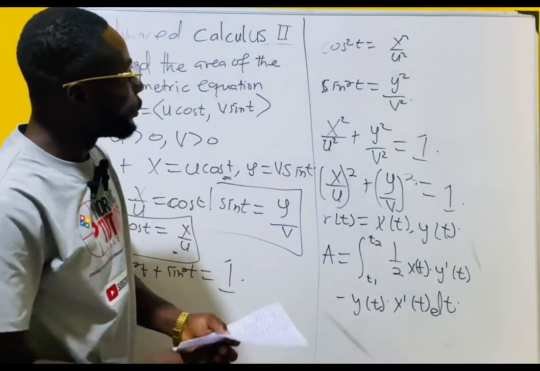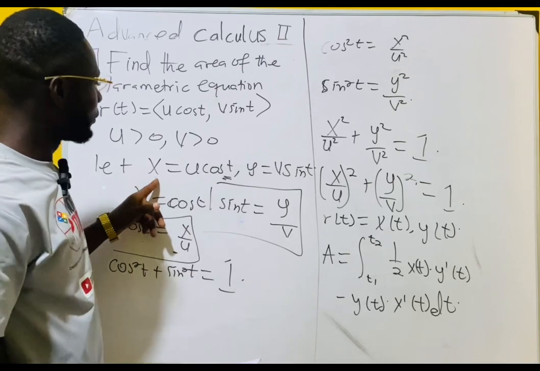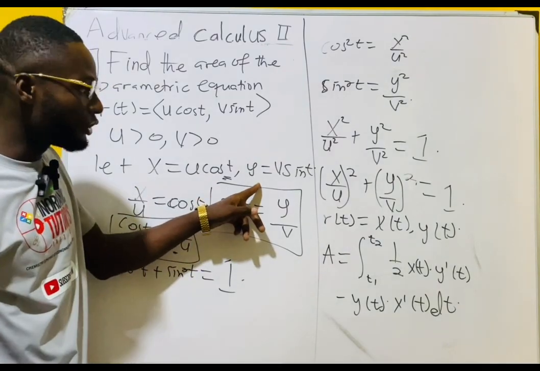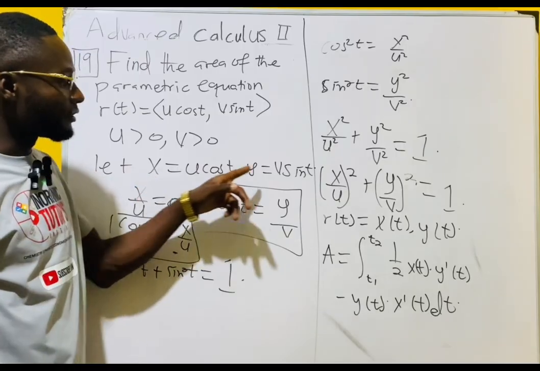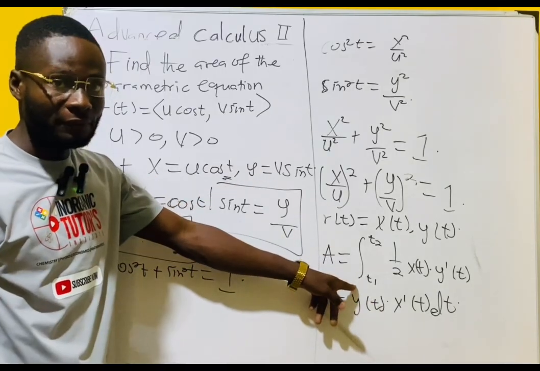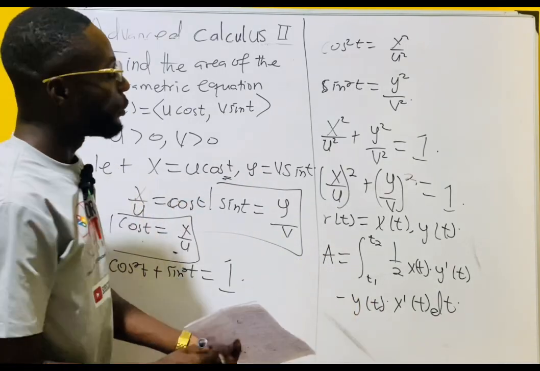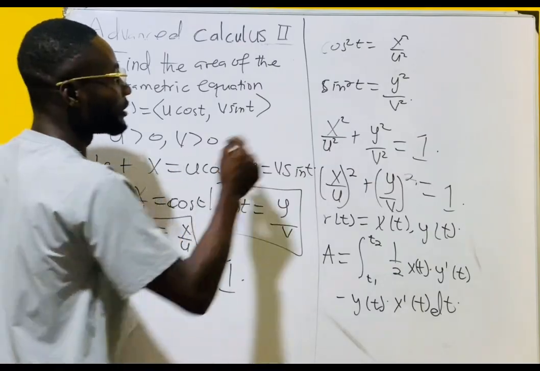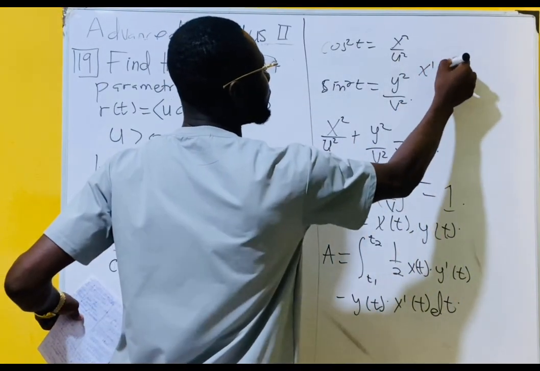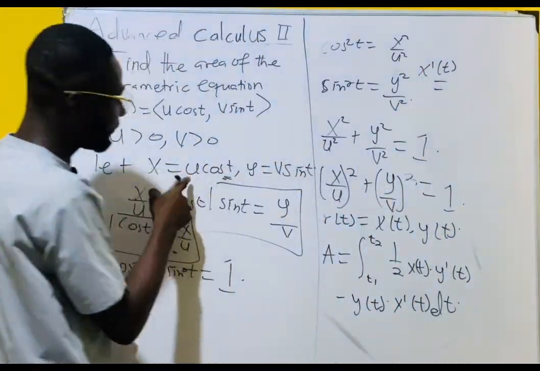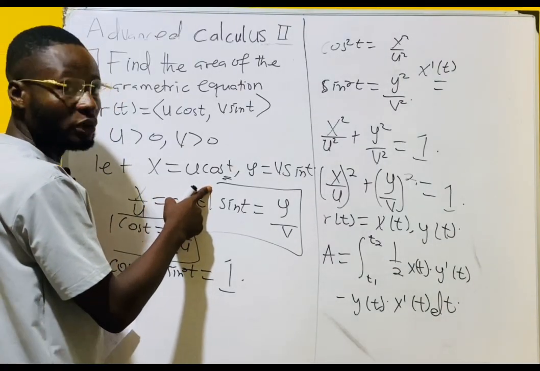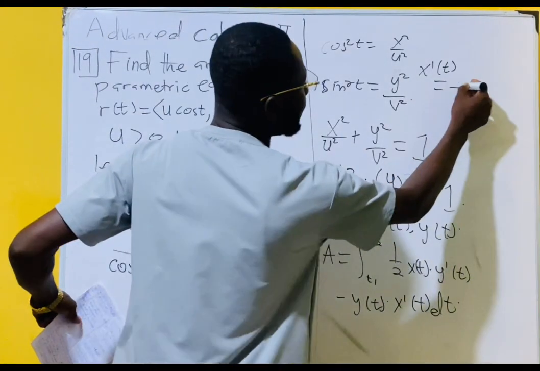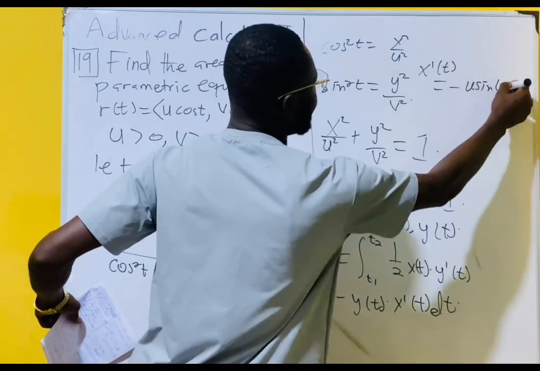So we know our x, we know our y. So we have to find the derivative of x and the derivative of y so that we can use this formula. We're going to have our x prime of t equal to, when you differentiate u cos t, negative u sin t.